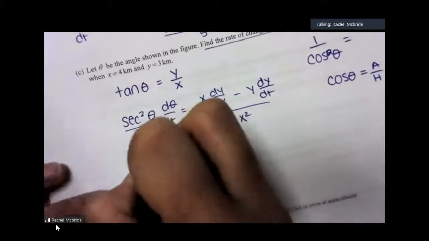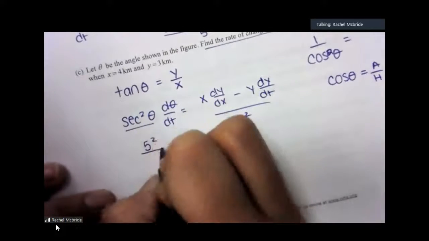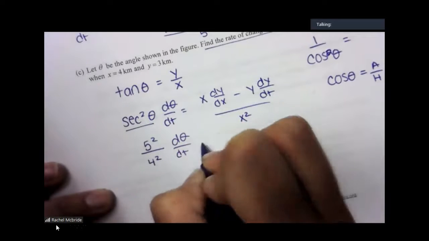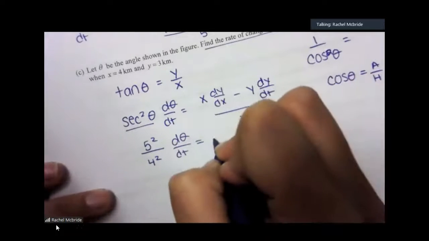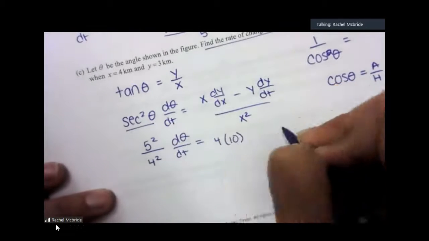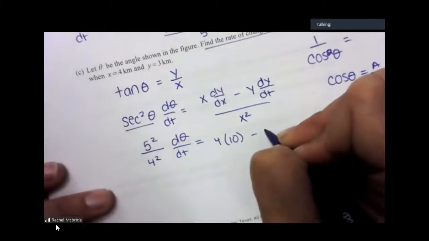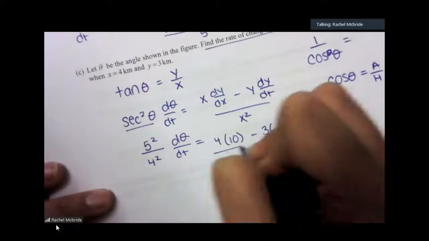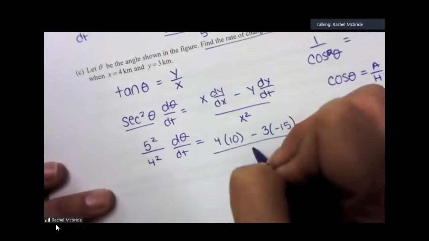So z is 5, so it's 5 squared over x squared, which is 4 squared. X is 4. dy dt is 10. Y is 3, dx dt is negative 15, and x squared is 4 squared.